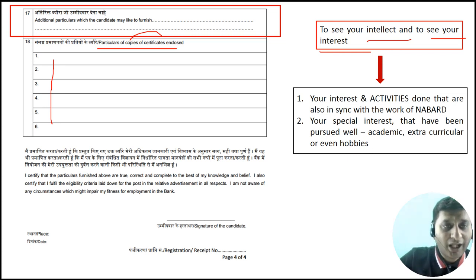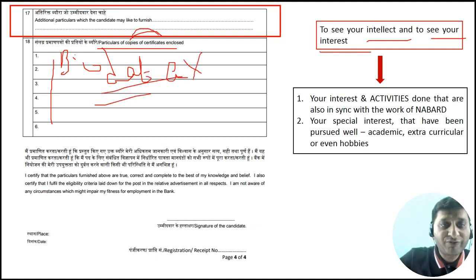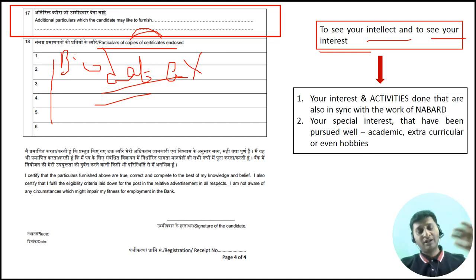Do not write here that I have enclosed my biodata form, because it is already known that you are submitting your biodata form. Just mention the copies of certificates: educational certificates, caste certificates, physical disability certificates, your experience certificates, whatever you have attached, in the order as they came in your biodata.